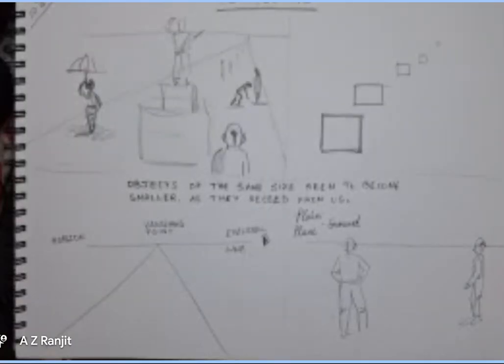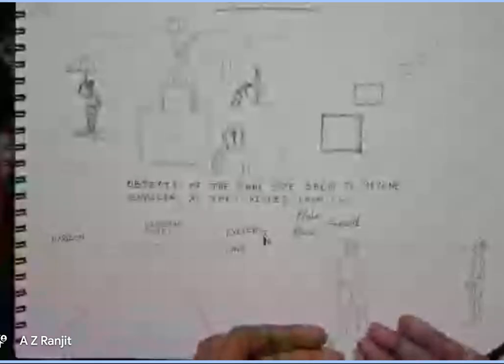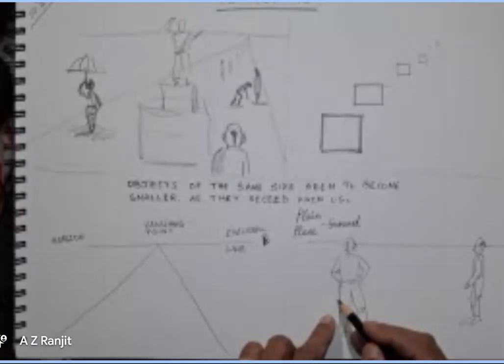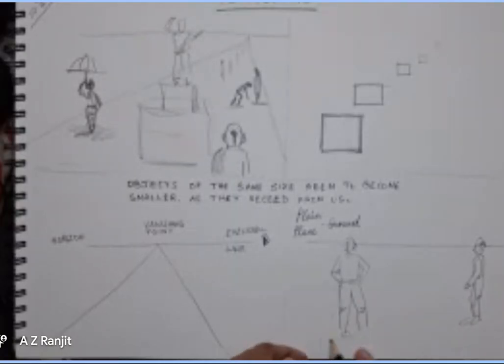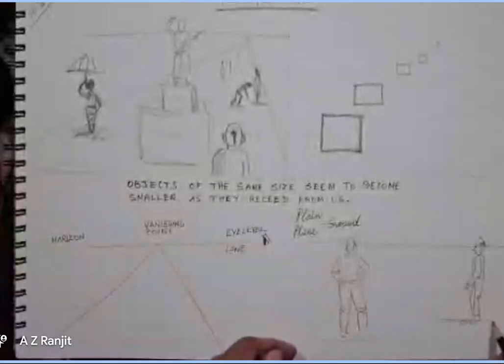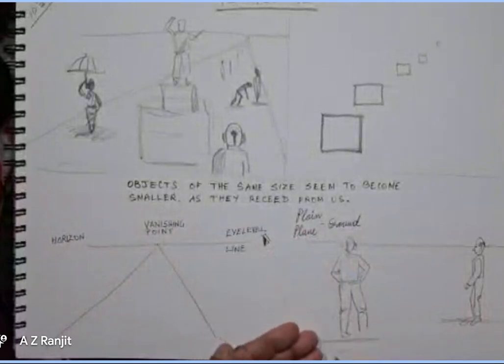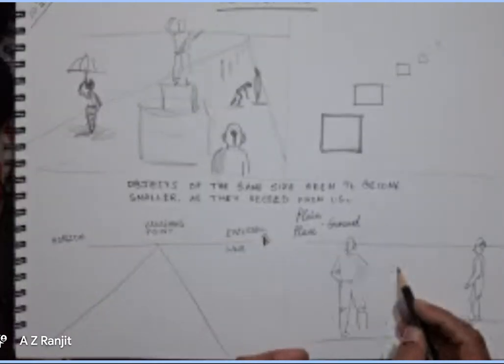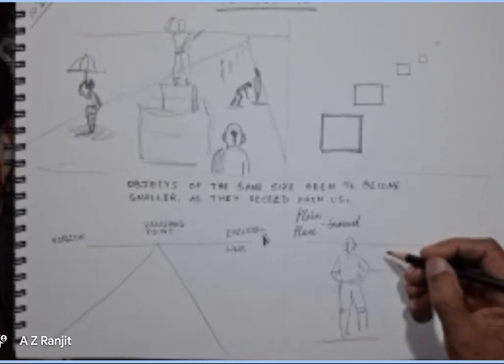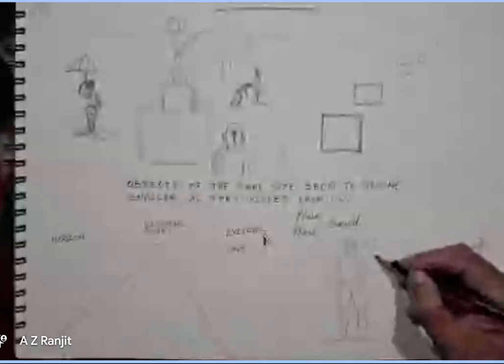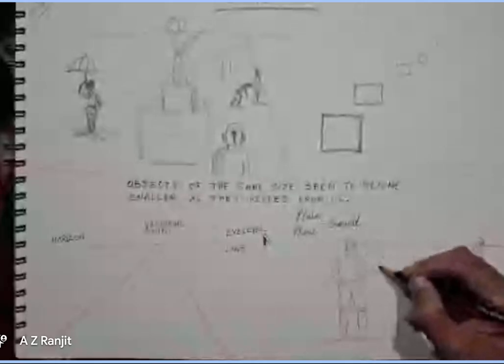That will be the horizon. If this is a plain ground, and somebody is standing there and that person is also of the same height, this person is standing here, this person is standing there, and this person is slightly closer. There is one person standing there. How will that happen? That person's eye level will also be the same.